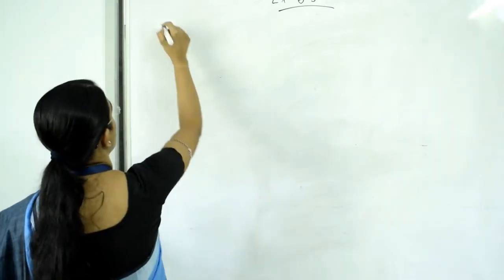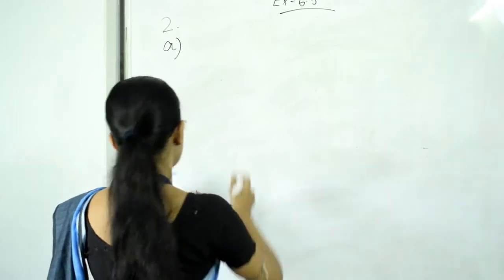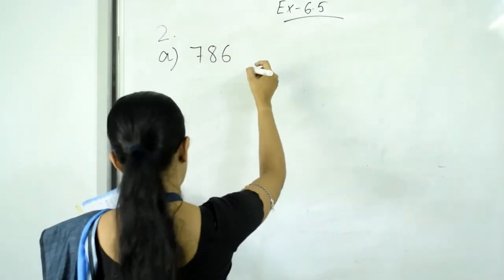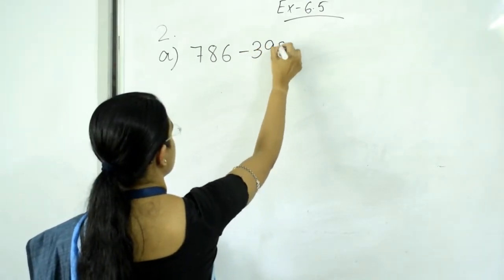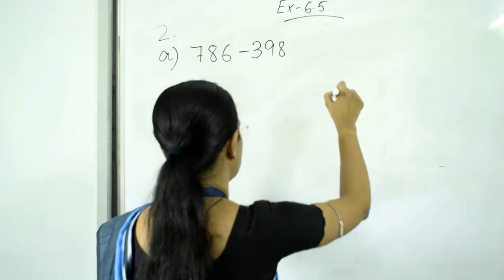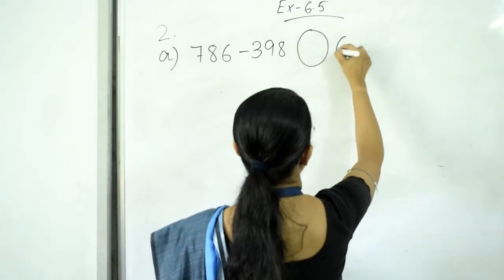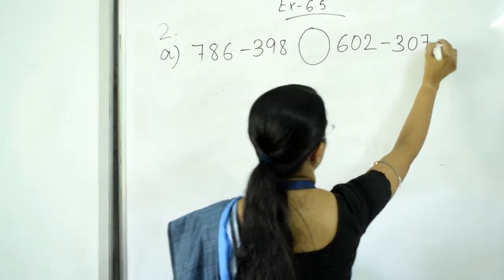So question number 2A, 786 minus 398, and 602 minus 307.